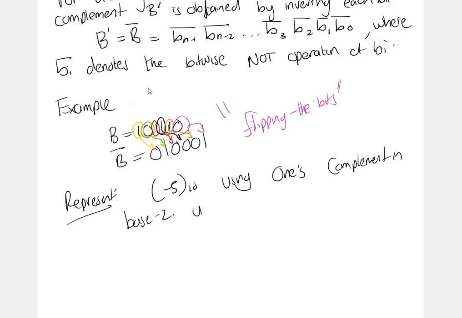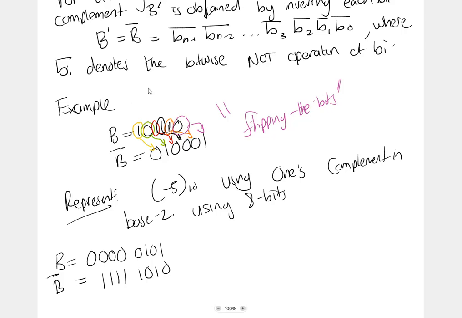I have to also say using 8 bits. So how do we represent 5 with 8 bits? b is equal to 1 2 3 4, 1 2 3 4. So this is now 8 bits together to represent the number 5. To get the complement of this, it becomes b bar, which is equal to now 1 2 3 4, 1 2 3 4. So this is the representation of 5, and this is the representation of -5.